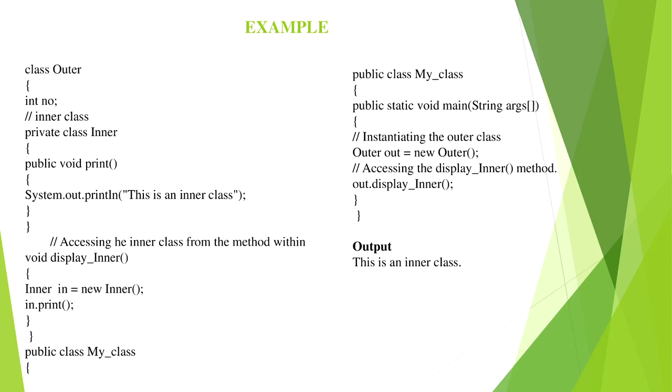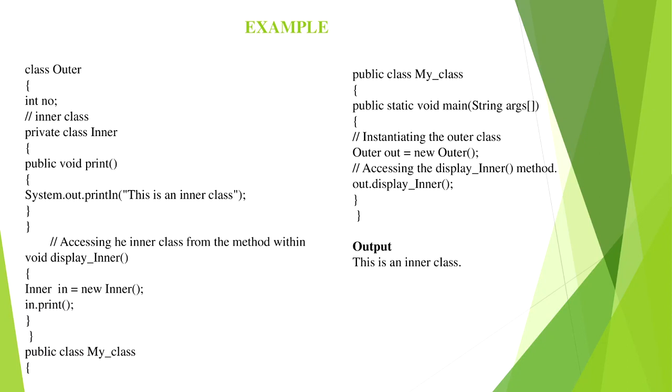Now, accessing the inner class from the method void display inner. In that local method display inner, I create the object of the inner class, inner in = new inner, and then I call the method print with the object of the inner class, in.print.